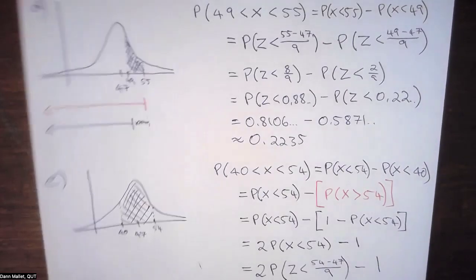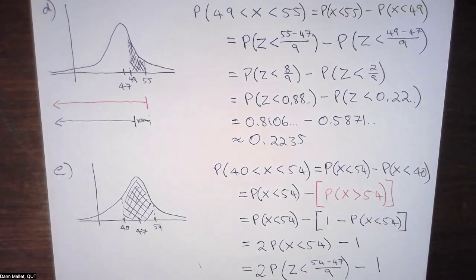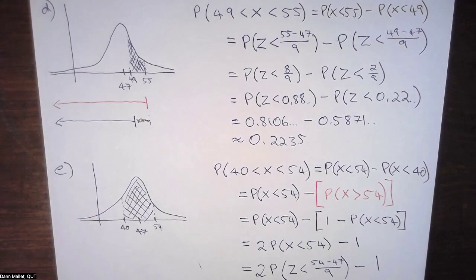Take away 1. Now we can go to our tables, or you can simply refer back to part C of the problem to note that the probability that Z is less than 0.77 is 0.7794. We have 2 times 0.7794, and now take away 1.